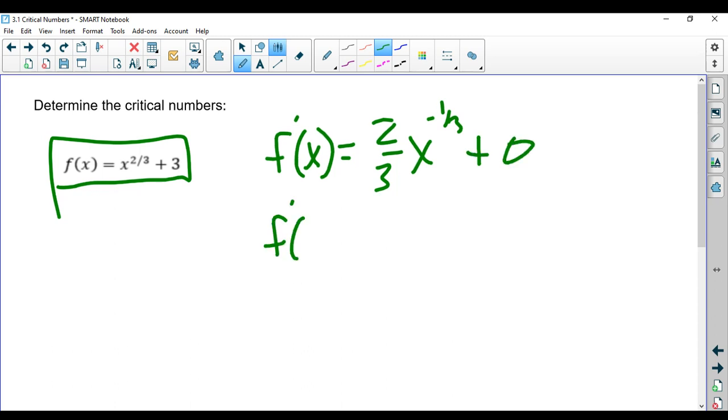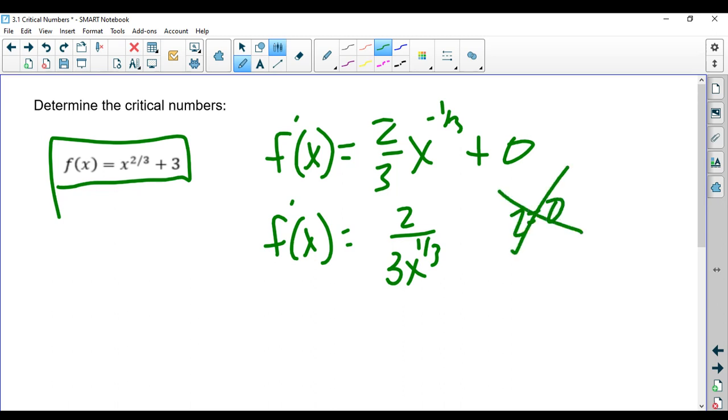So your derivative is 2 over 3x to the 1/3. The critical numbers are where the derivative is 0 or undefined. It's 0 where the top equals 0, but that can't happen, 2 doesn't equal 0. It's undefined where the bottom equals 0. So x to the 1/3 equals 0 when x equals 0.